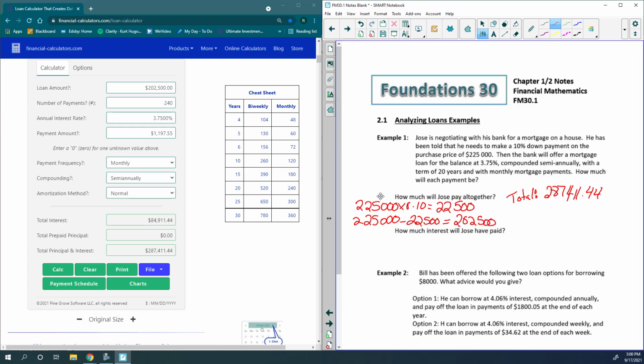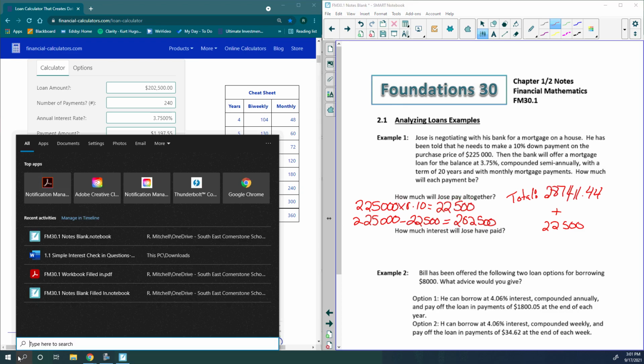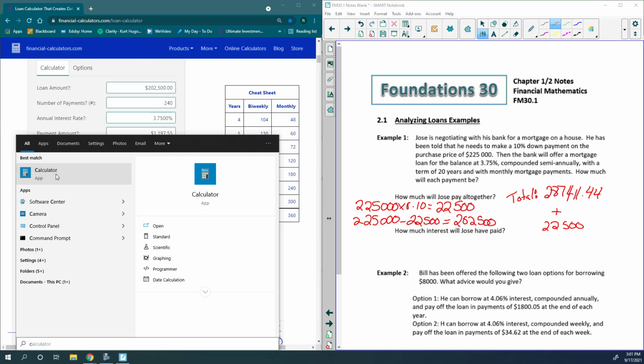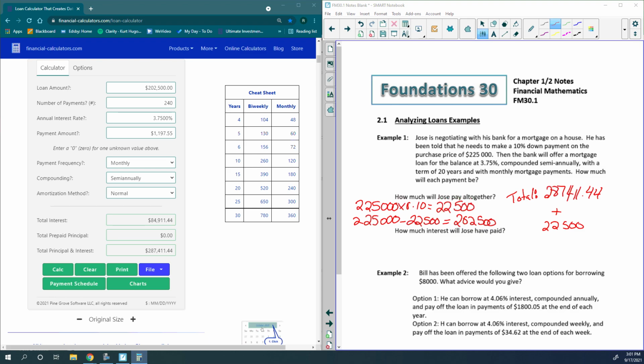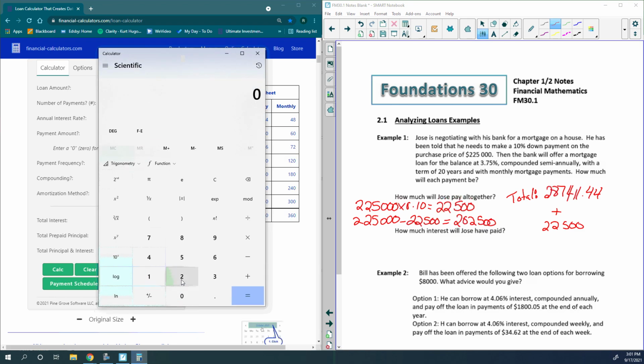So I'm going to take that and add it on. So we got 287,411.44 plus the 22,500.